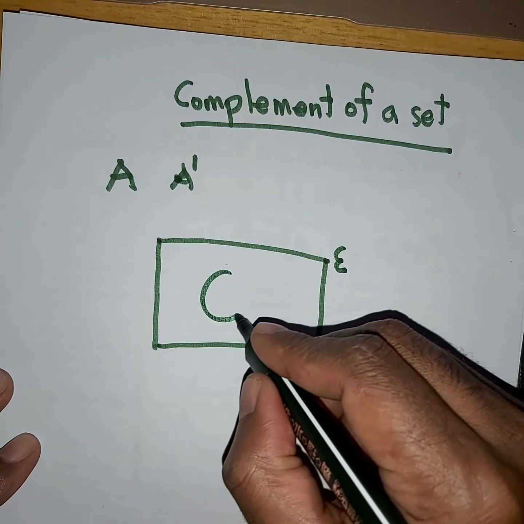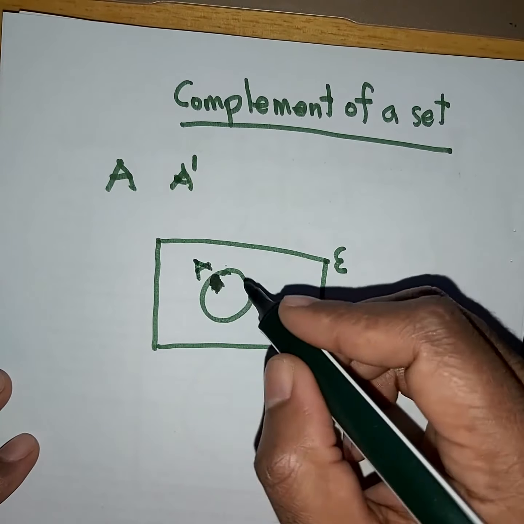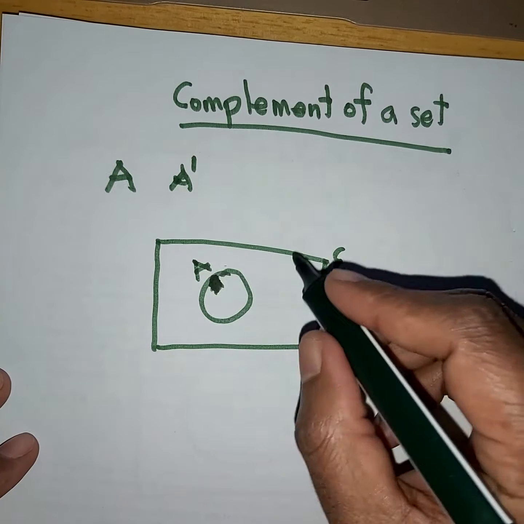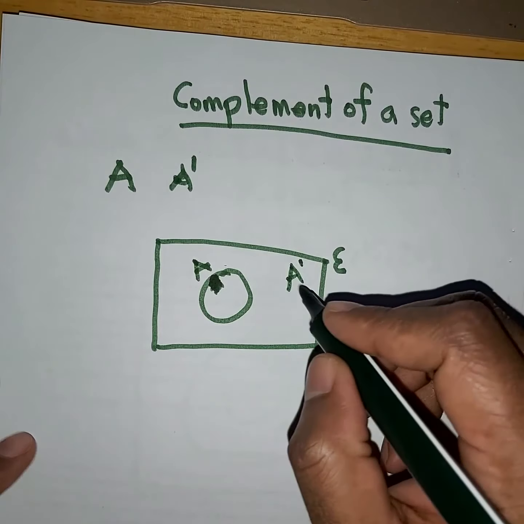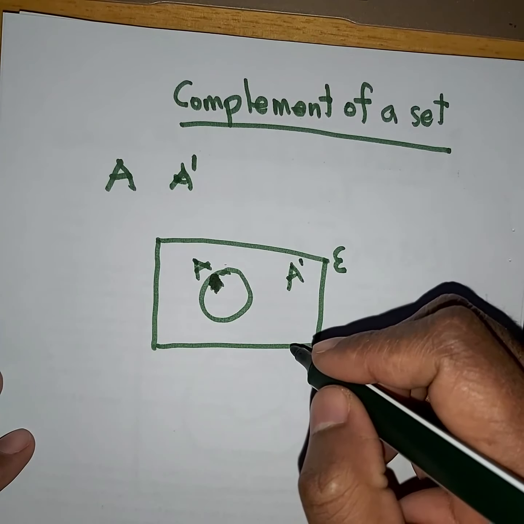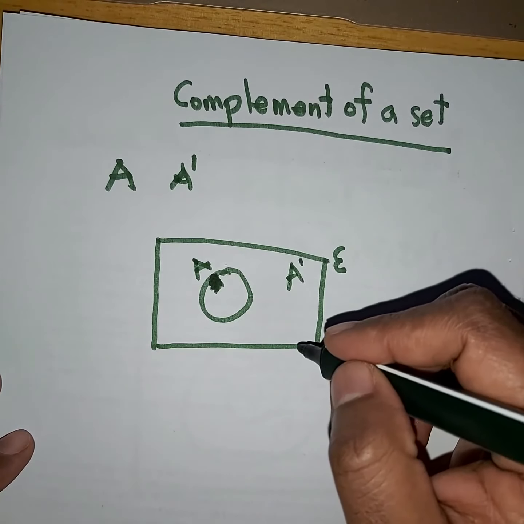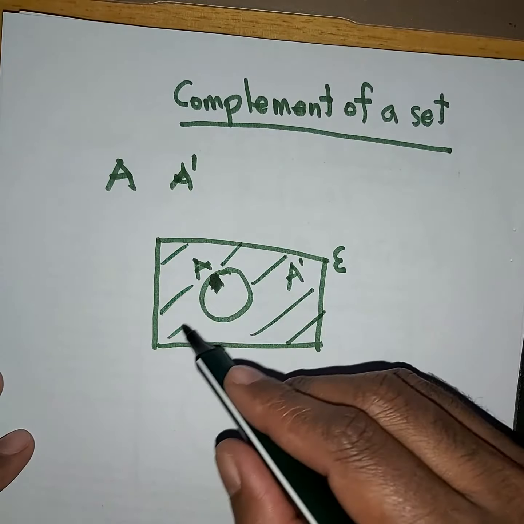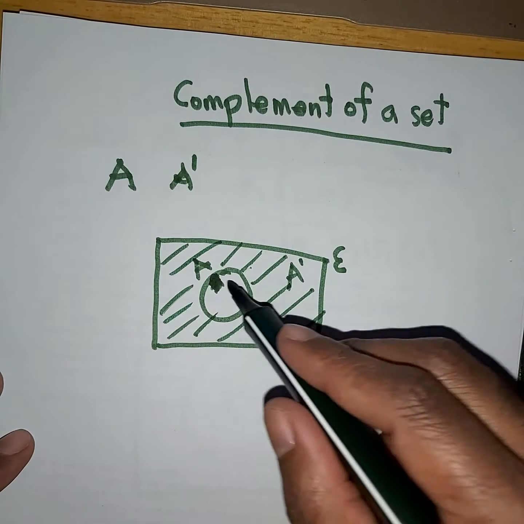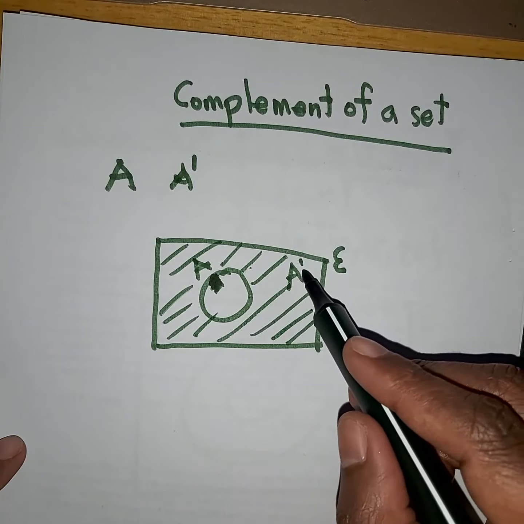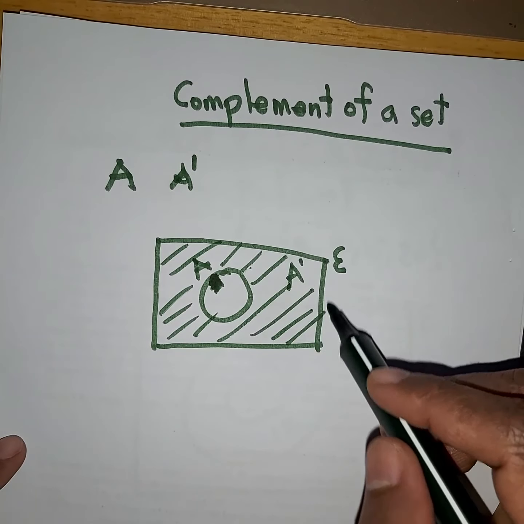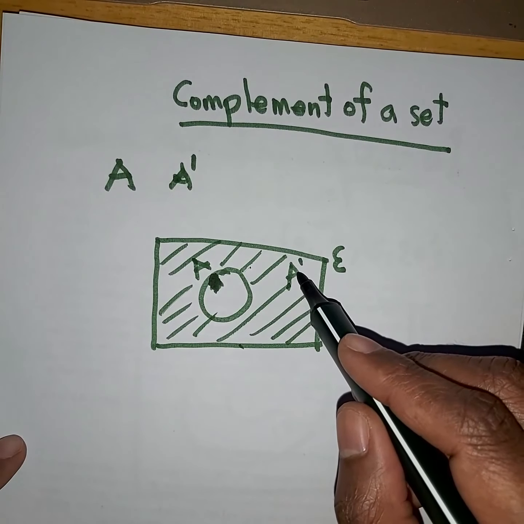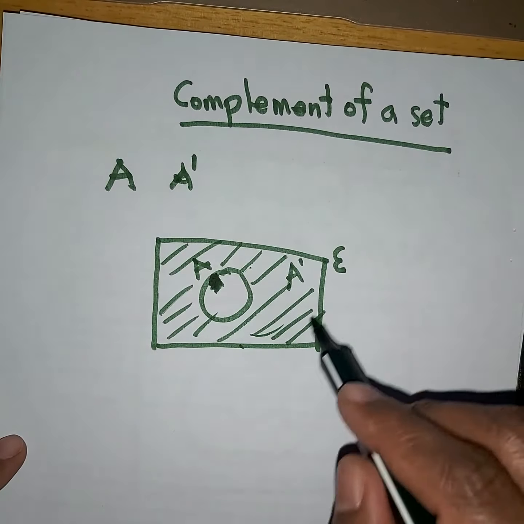Set A has the elements found inside set A. The complement of A has the elements that are in no part of set A, or in other words, the elements that are outside, in the universal set. So set A's elements are inside here, and the complement of A is outside in the universal set.